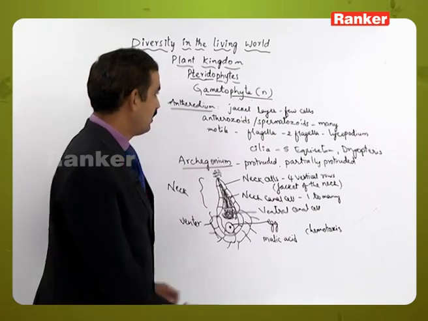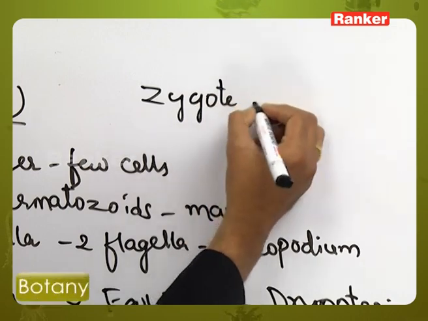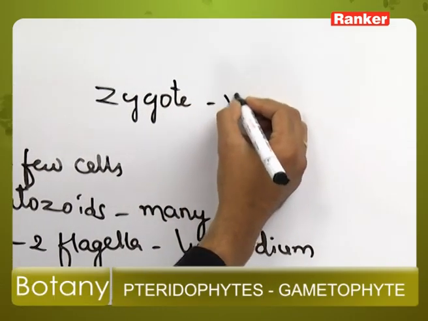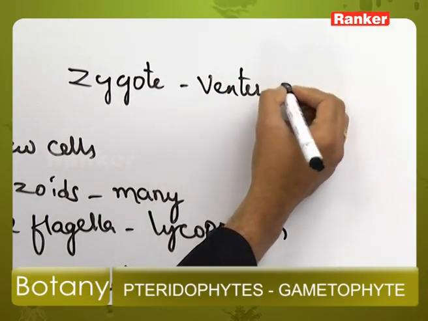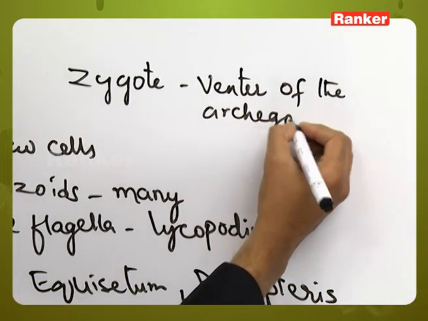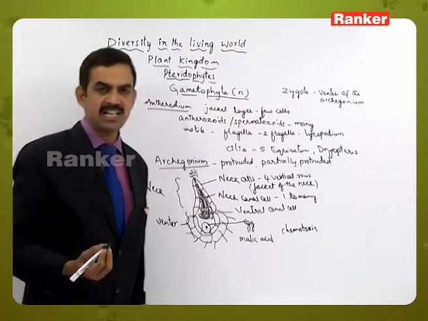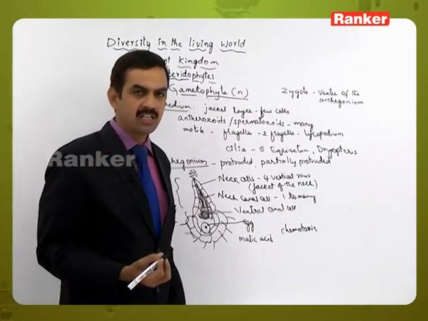So the zygote formation will occur inside the venter of the archegonium. That means fertilization, the syngamy, is taking place inside the venter of the archegonium.